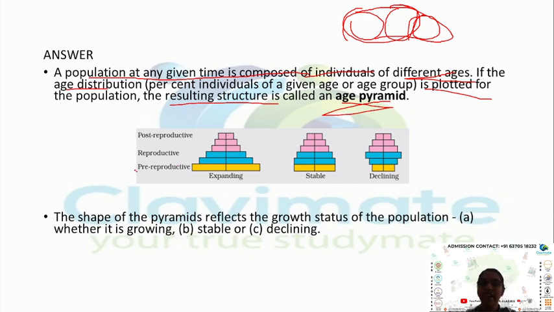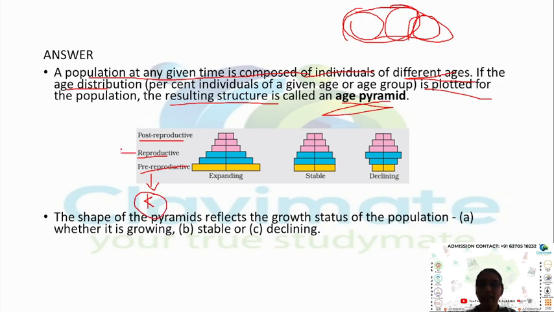So we have 3 types: pre-reproductive, reproductive, and post-reproductive. Pre-reproductive stage comes to kids or small children, and if you take animals, they are puppies and small animals.